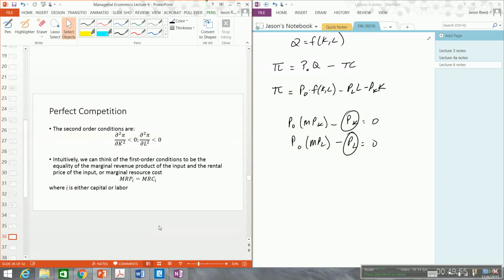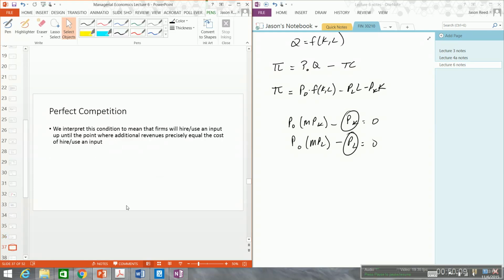So intuitively, think of the first order condition as the equality of the marginal revenue product of the input and the rental price of the input, or marginal resource cost. So we interpret this condition to mean that firms will hire or use an input up until the point where additional revenues precisely equal the cost of hiring that additional input. And I think that's some solid intuition.